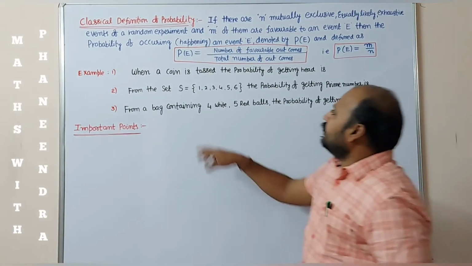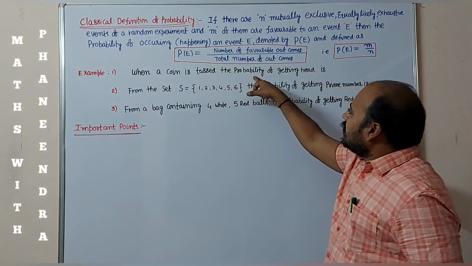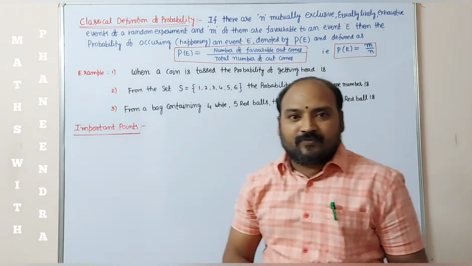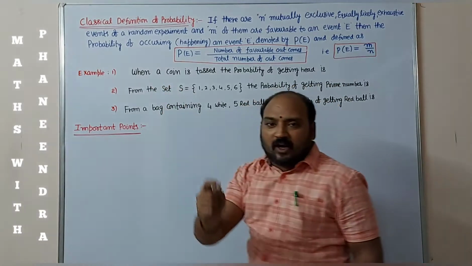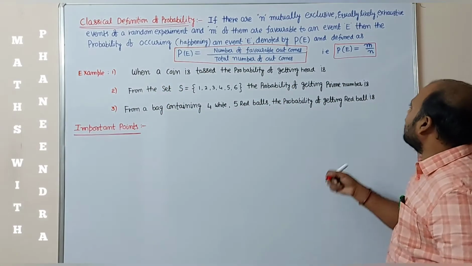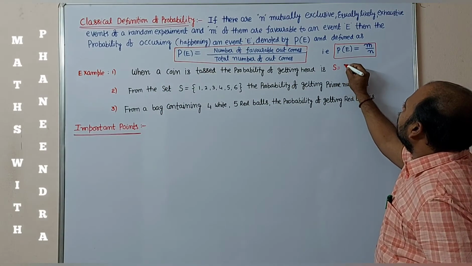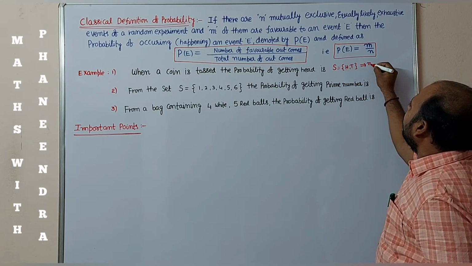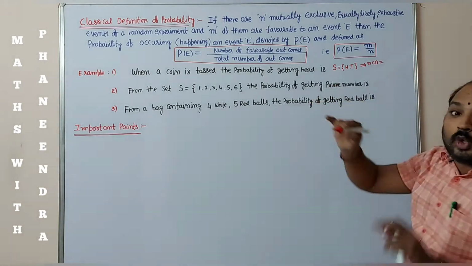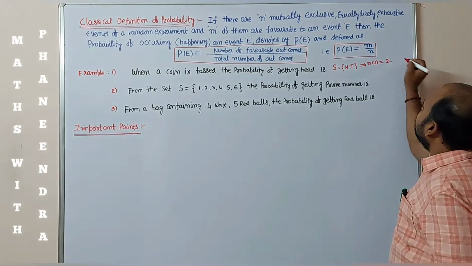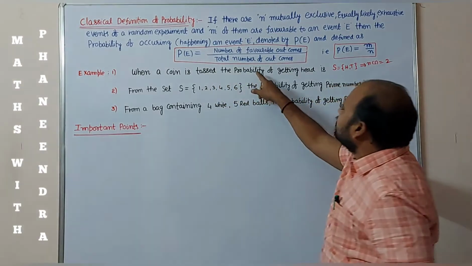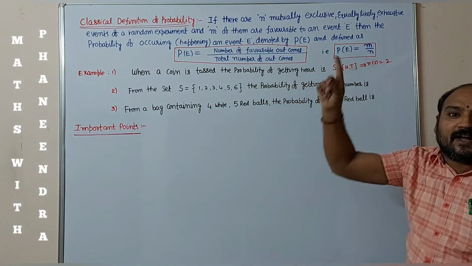For example, when a coin is tossed, the probability of getting a head is? So when one coin is tossed, what is the sample space? S is equal to {H, T}. So total how many are there? n(S) is the total number, which is 2. Two possibilities are there. But the requirement is the probability of getting a head.